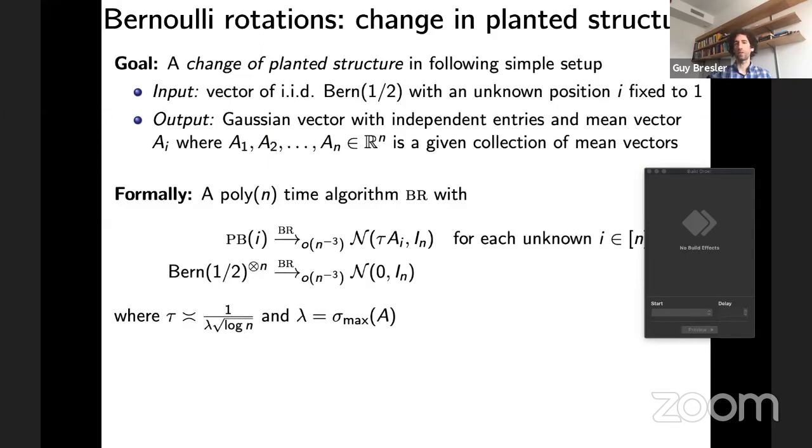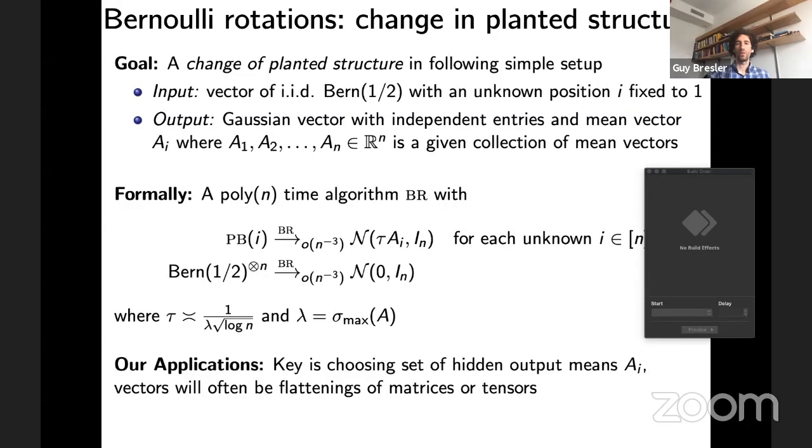So the planted vector with an ith coordinate being planted 1 gets mapped to the Gaussian with mean vector a sub i, and if everything is just Bernoulli half, so there is no planted 1, then the mean vector is just all zeros. So this is the output of Bernoulli rotations.